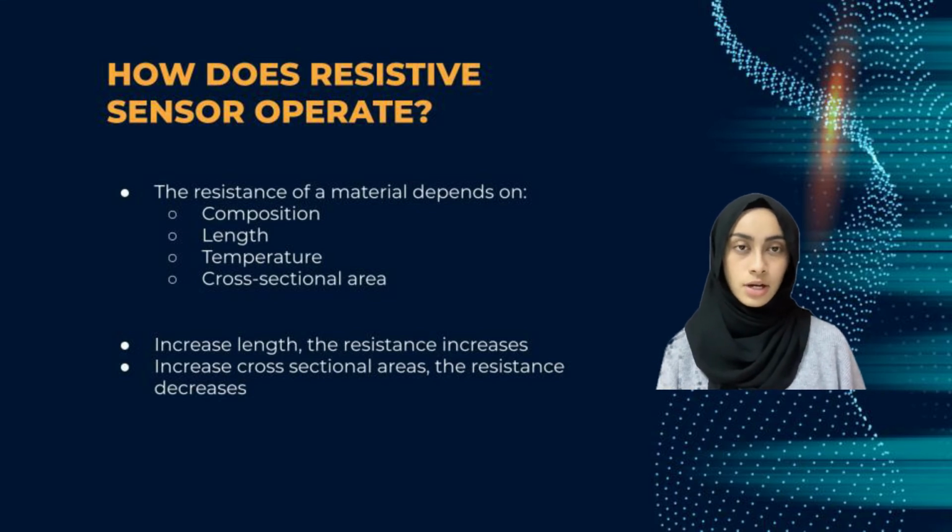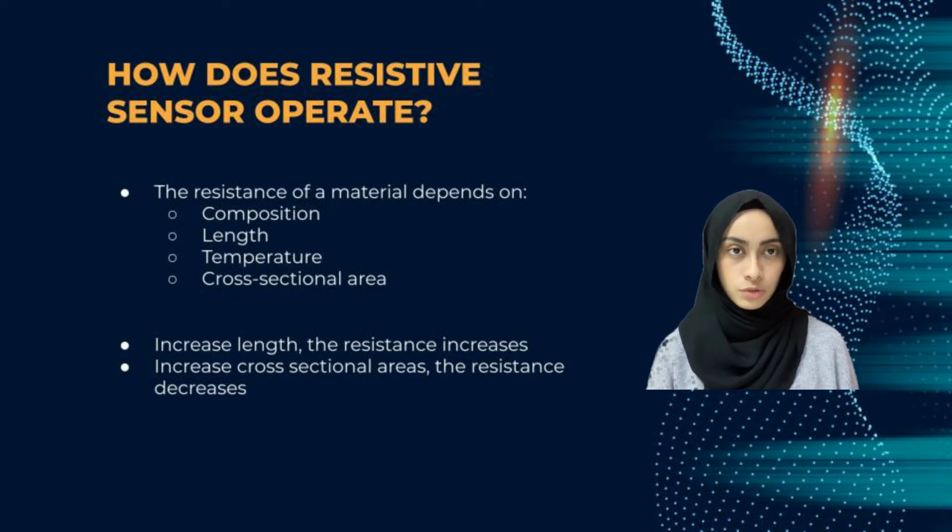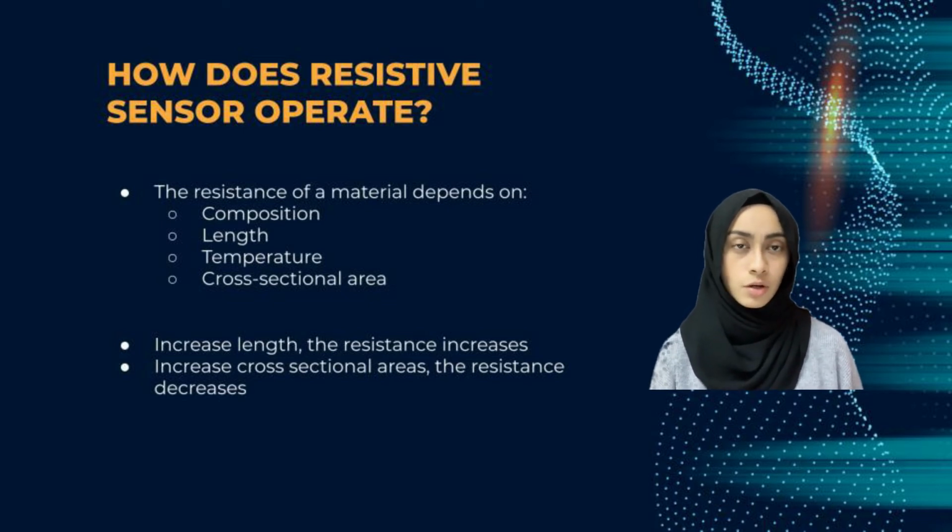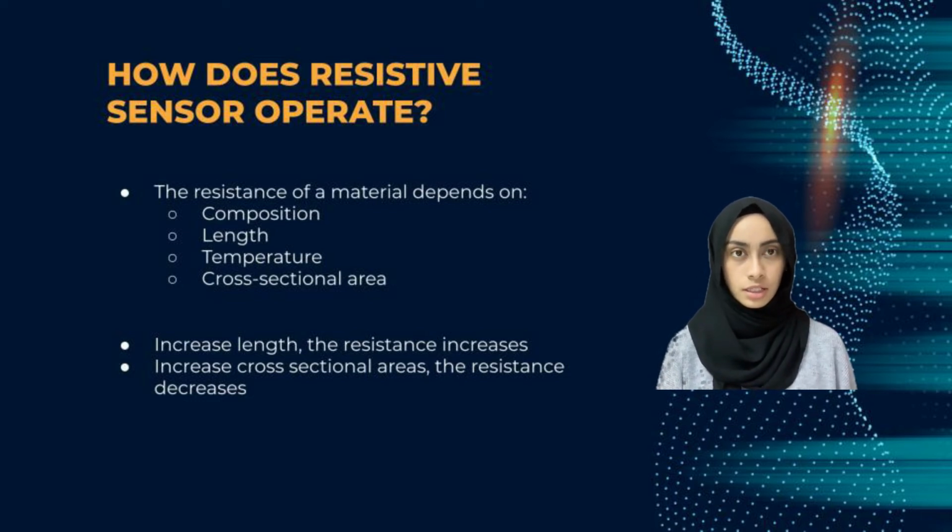The length is directly proportional to the resistance of a material, which means if you increase the length of a material, the resistance will also increase. Meanwhile, the cross-sectional area is inversely proportional to the resistance. So, when you increase the cross-sectional area, the resistance will decrease. Changes in composition and temperature do not change the resistivity in a simple way.